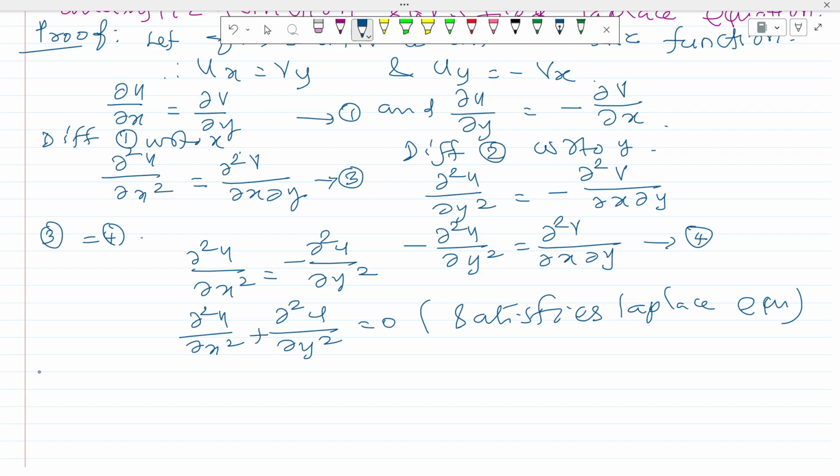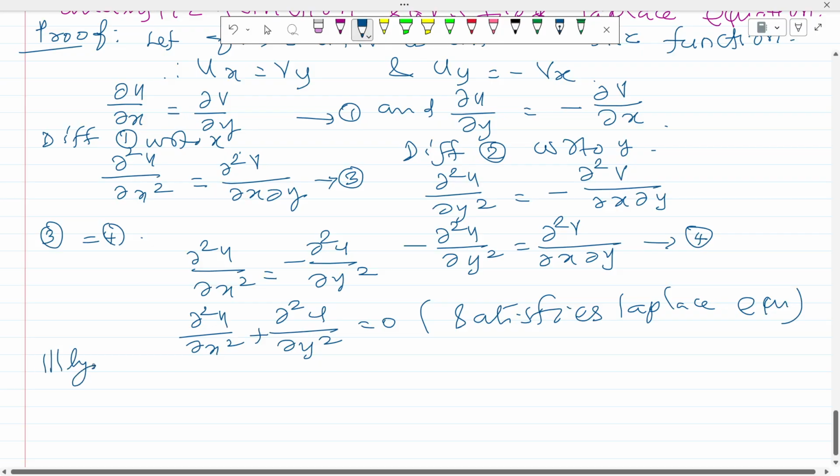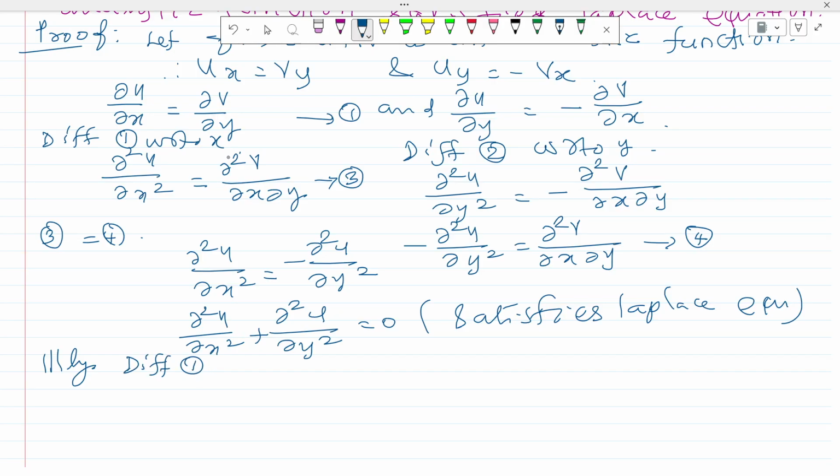Similarly, differentiate 1 with respect to y. Already we have differentiated with respect to x; now we have to differentiate with respect to y. If you differentiate 1 with respect to y, then what you get?